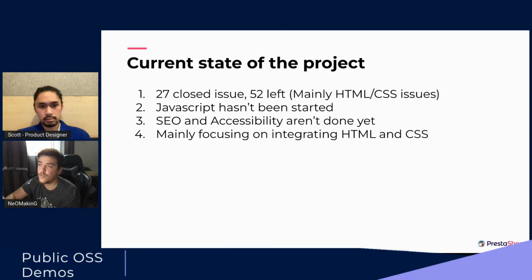I think it has evolved because I made the slide like 2 weeks ago, and some issues may have been closed or some opened. So it's not for the exact numbers, I think, but it's cool. It's mainly about HTML and CSS issues because we are focusing on the integration for the moment, not on the JavaScript and some other problems such as SEO, accessibility, and that's it.